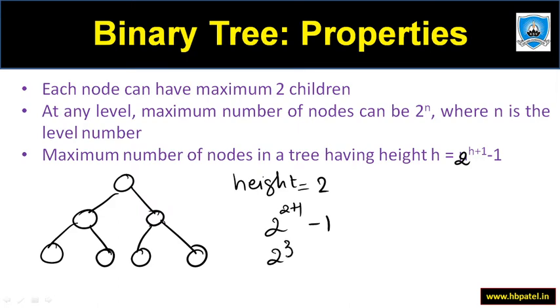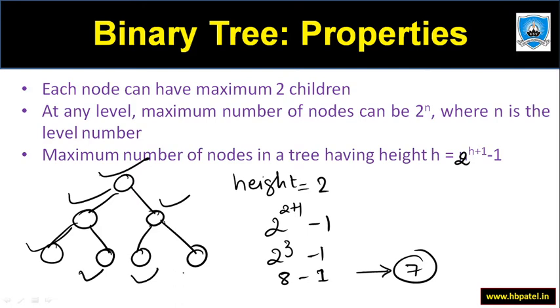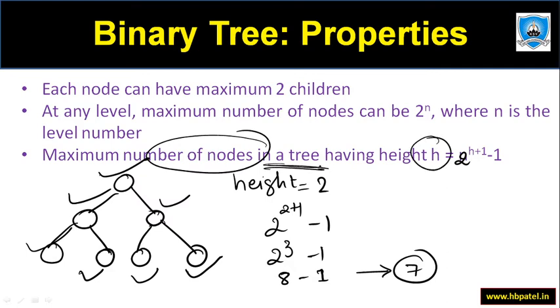So 2 raised to 3 minus 1. 2 raised to 3 is 8, minus 1. That means the answer is 7. So 1, 2, 3, 4, 5, 6, 7. So this is nothing but the maximum number of nodes in a tree if the height is given.